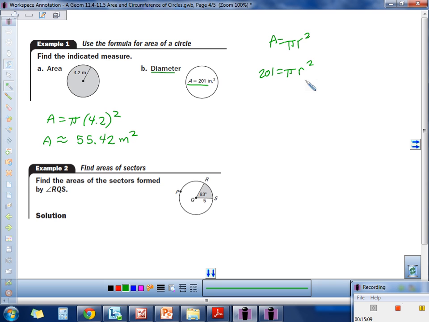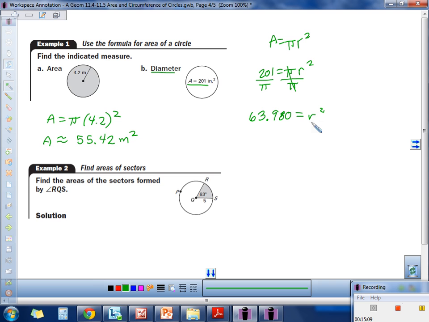Our goal is to solve for r in that equation. What's a good first step to solve for r? Divide by pi. That's a good first step. So 201 divided by pi, and give a lot of decimals. What do we get there? 6.980. Okay, that's good. That equals r squared.